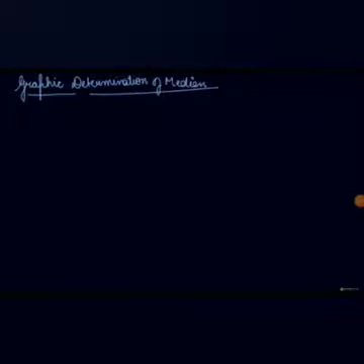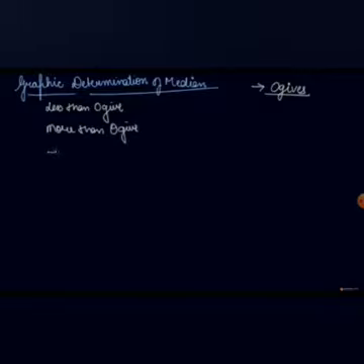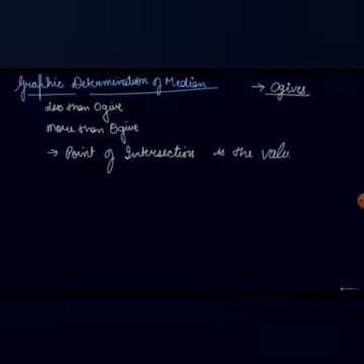Here we will find out how we determine the median using graphs. First of all, we have learned how to make the ogives. So we will make a less than ogive, then we will make a more than ogive, then the point of intersection of both the less than and more than ogive is the value of the median.